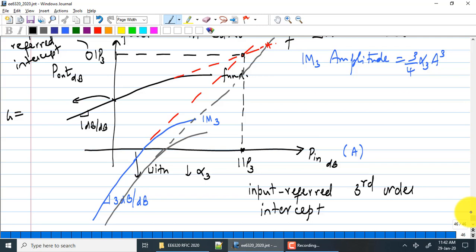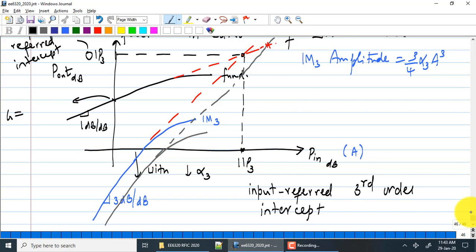For example, you remember that if you take the Taylor series expansion, go back to the beginning of the analog circuits 3002 course, we took the transistor, or in fact any two port, it doesn't matter. You take any two port, take the second order term.